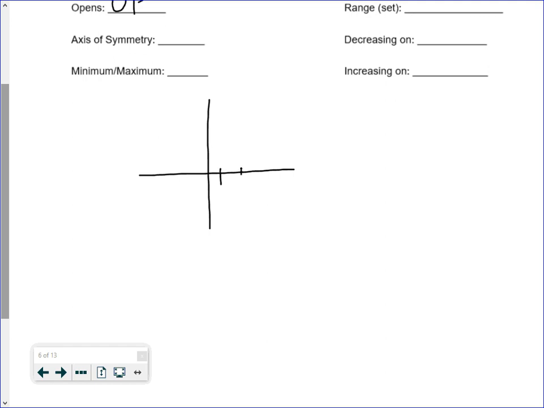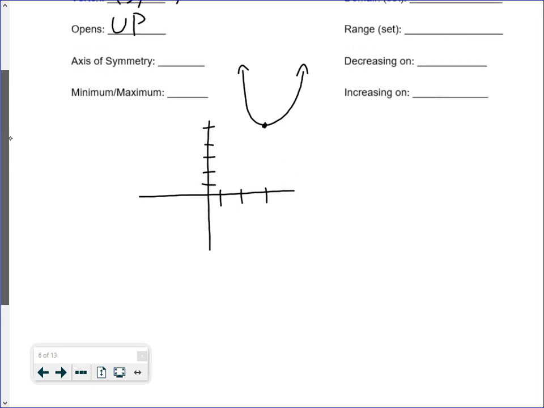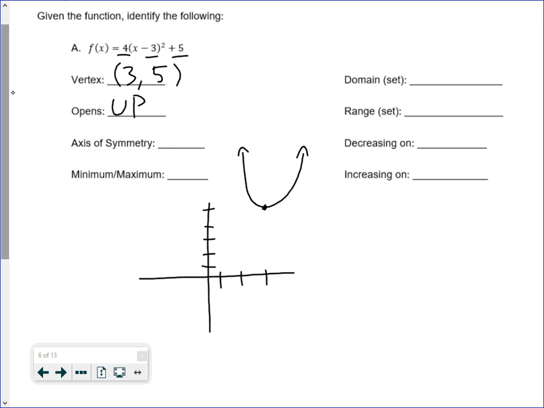So my vertex is at 3, 5. So let's say right about here, and I'm opening up. I really don't care about how stretched or how compressed vertically it is or anything like that. All I care about is which way is it opening and where's my vertex. Trying to sketch the whole thing when we're not asked to is kind of irrelevant for us. I just want a general, rough sketch of the graph.